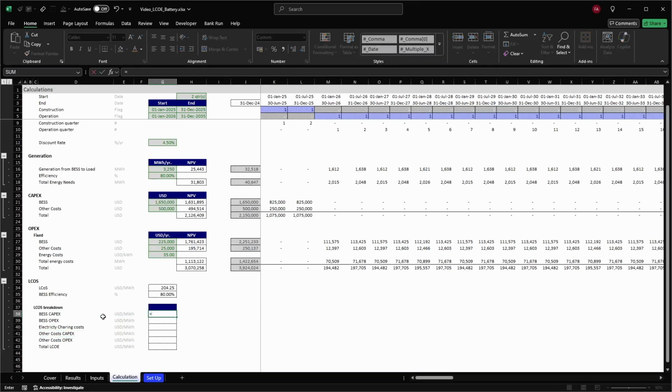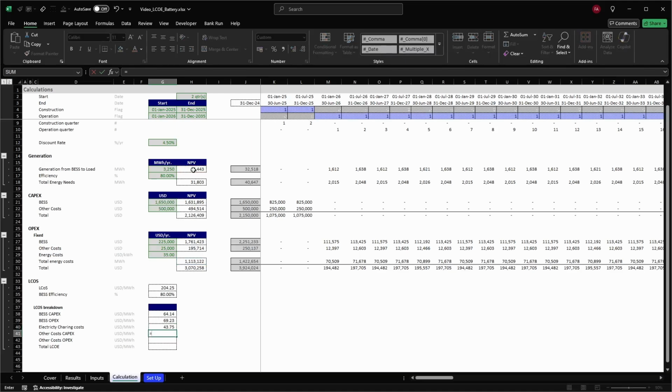So what is the BESS capex? The LCOS of the capex is going to be equal to the capex divided by the generation. For the opex it's going to be the same thing: the BESS opex, this number here, divided by this number. Then we're going to have the electricity charging cost, which is this number divided by this number.